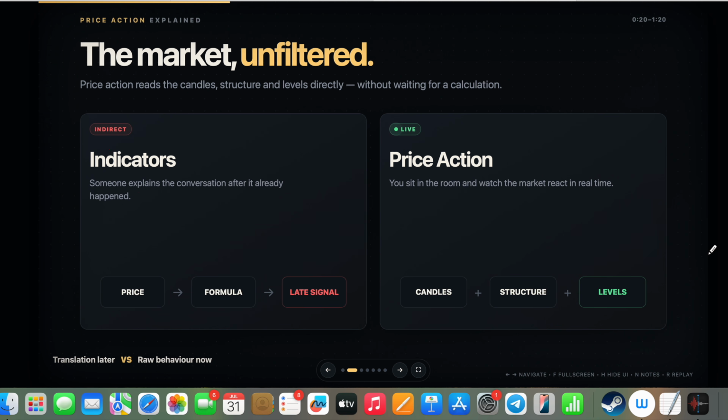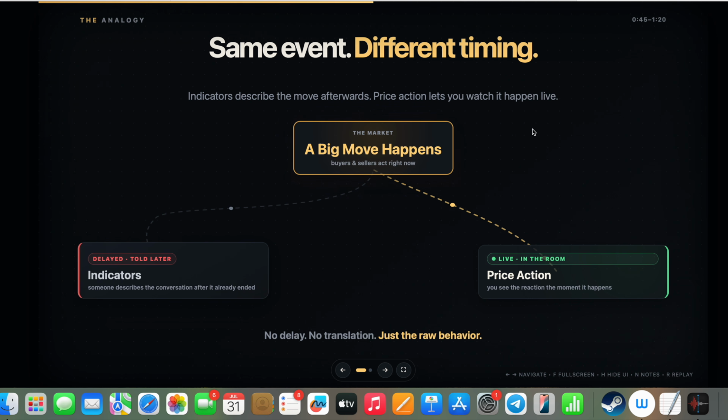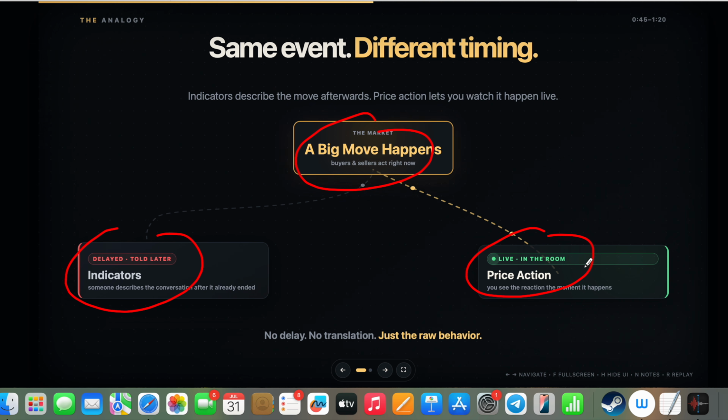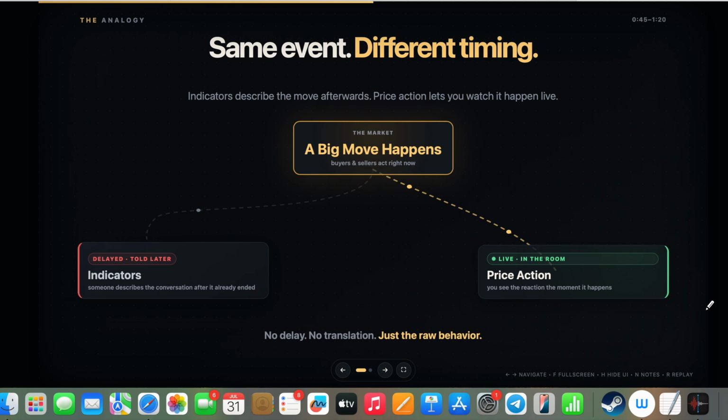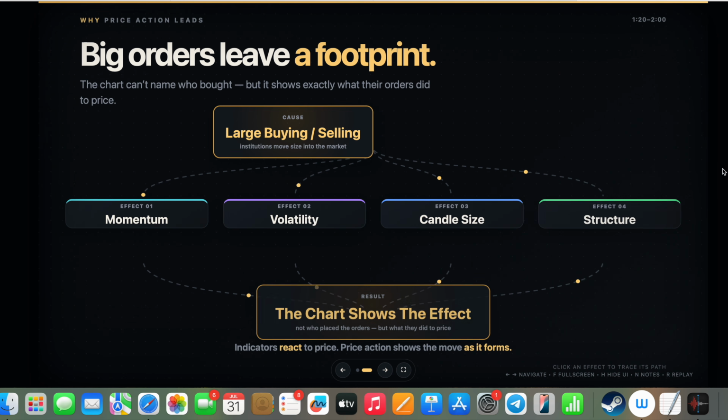Think of it like this: if indicators are someone describing a conversation to you after it already happened, price action is you sitting in the room watching the two people talk in real time. You see the reaction the moment it happens, no delay, no translation, just the raw behavior. That's the whole idea. Read price directly, and you are always working with the fresh information the market has to offer.